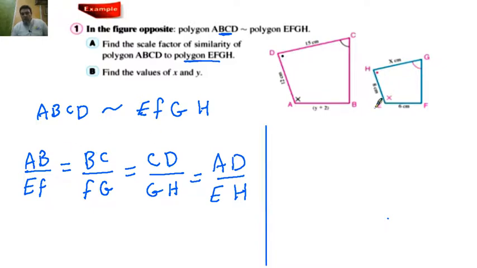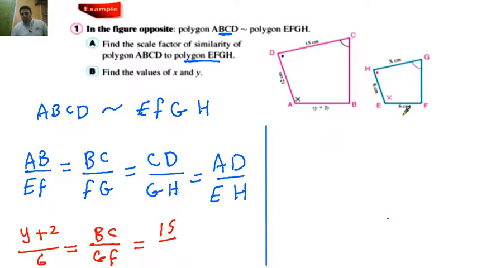AB in the figure equals y plus 2, so y plus 2 over EF equals 6 over FG, as it is, equals CD which is 15 over GH which is x, equals AD which is 12 over EH which is 8.